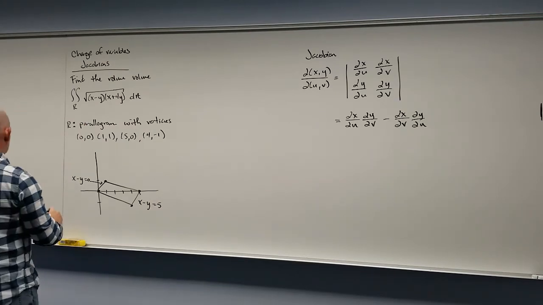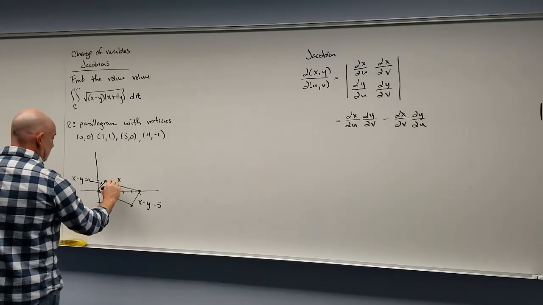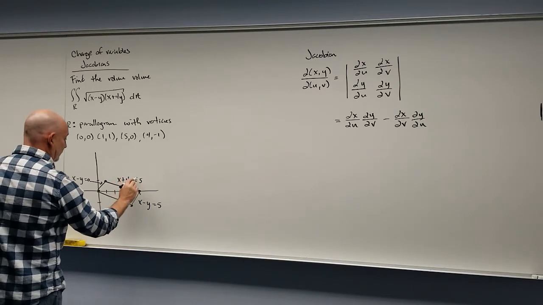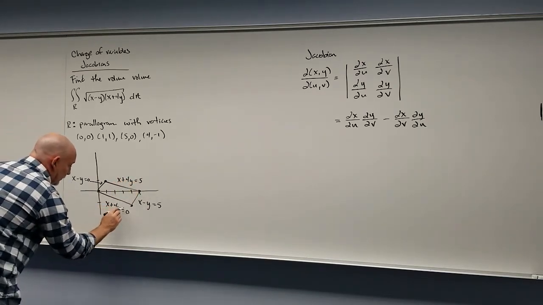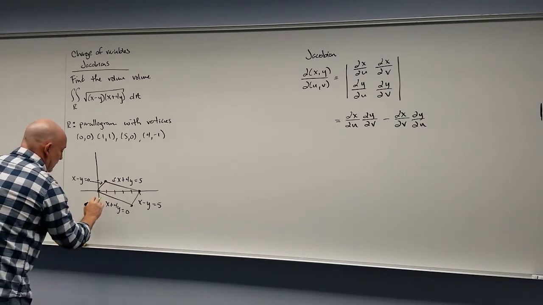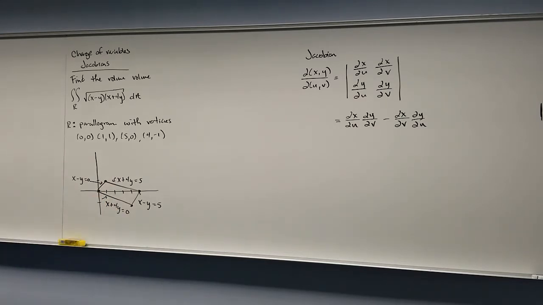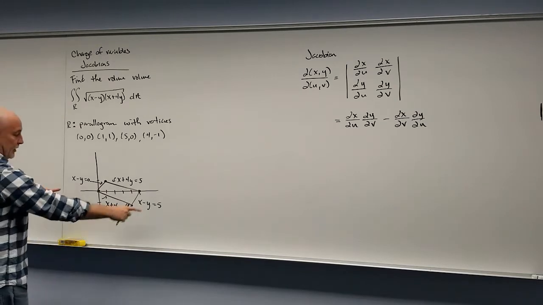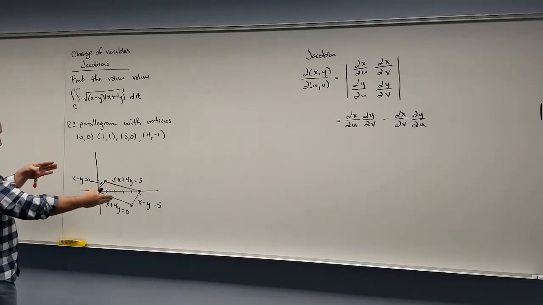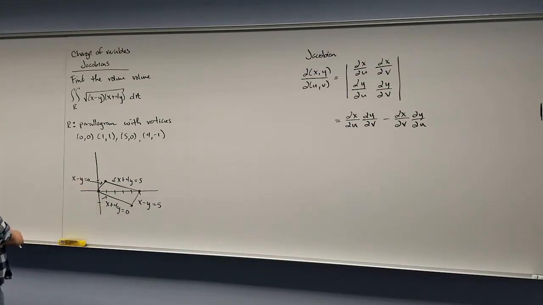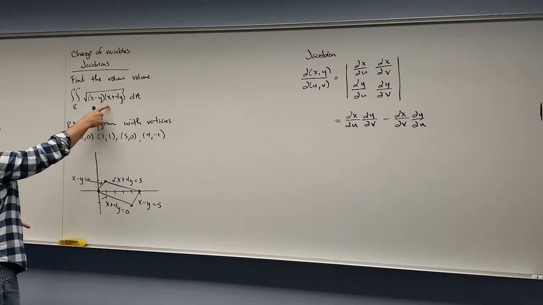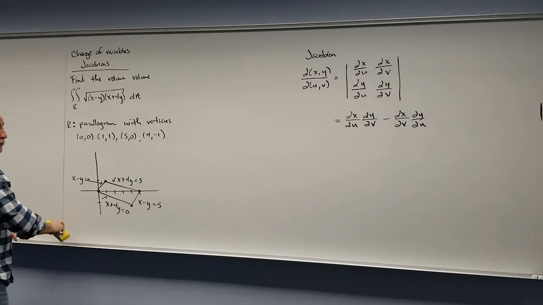This one would be x plus 4y is equal to 5, and x plus 4y is equal to 0. Okay, so that's the equation for all four of those lines. So notice we have a lot of repeats here. Well, you'd expect that in a parallelogram because the sides are basically the same, just shifted up or down. And lucky enough for us, notice that the argument actually also has those pieces in there.